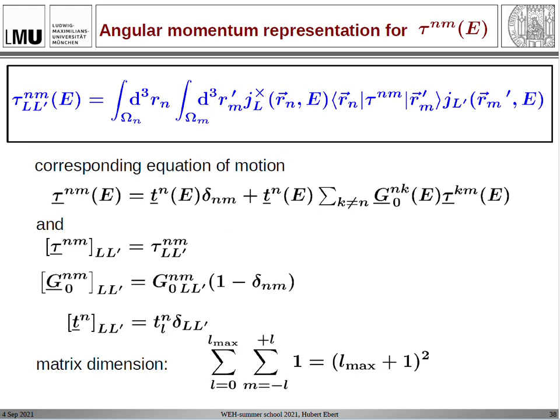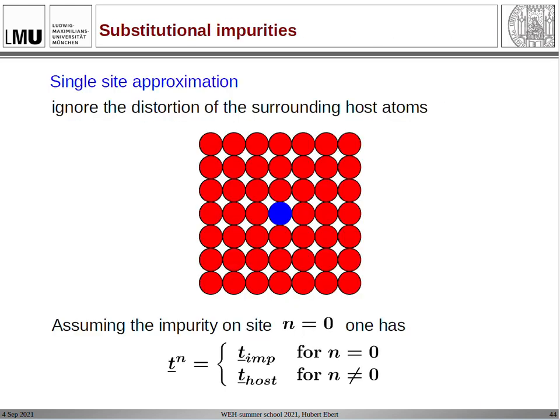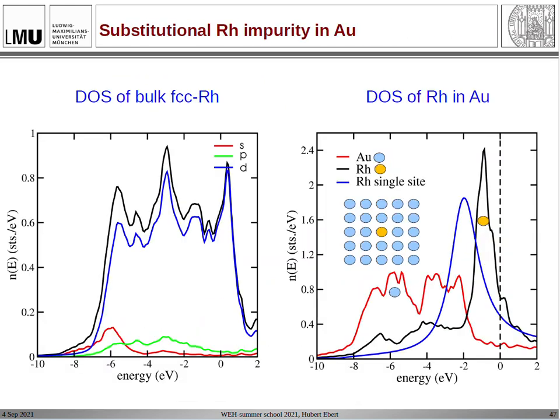And now if you look for gold, this is shown here. It's also more or less rectangular. You have some grouping into low and upper bands, but anyhow, it's more or less rectangular if you want. Now, if you put one rhodium impurity in gold, then you get this curve here.